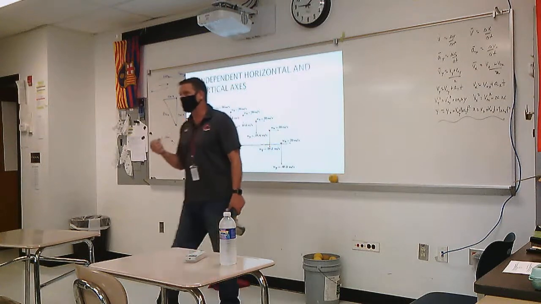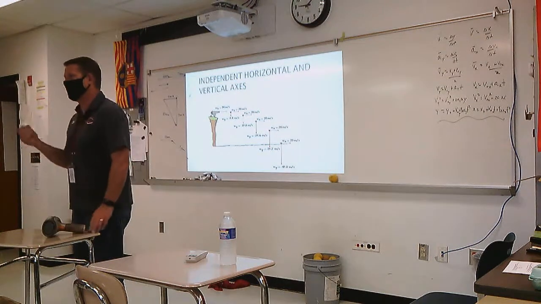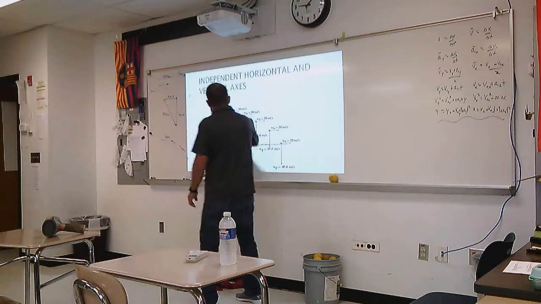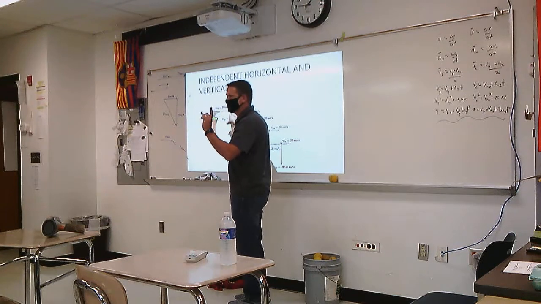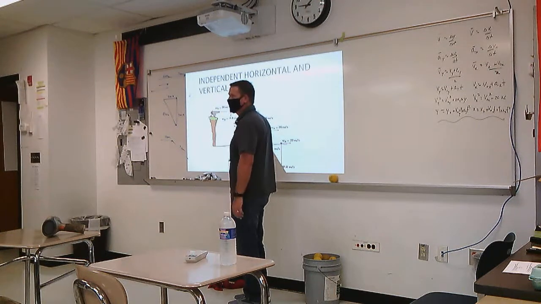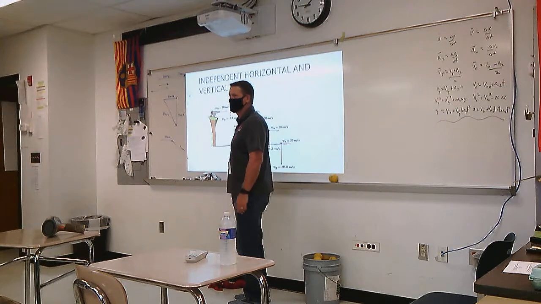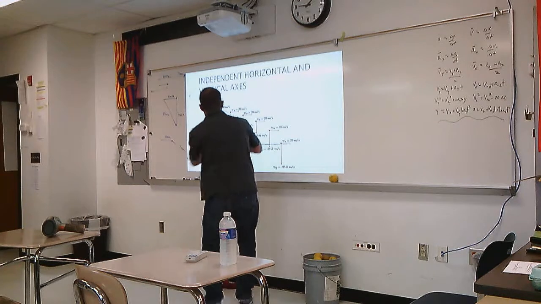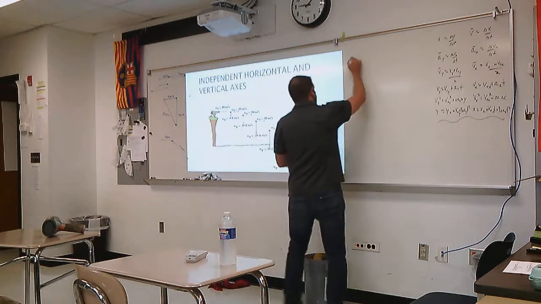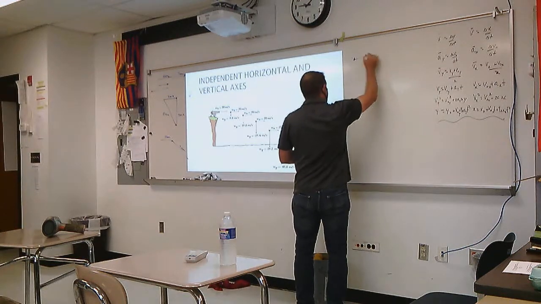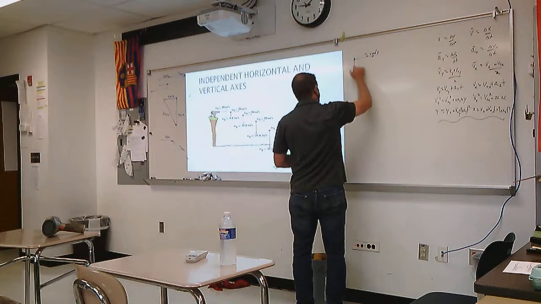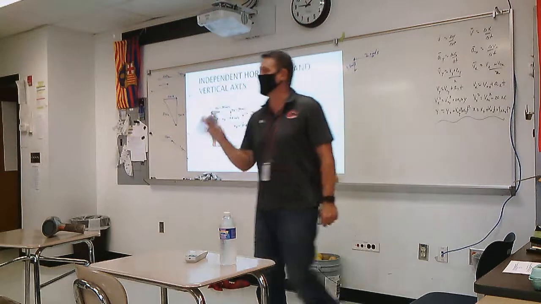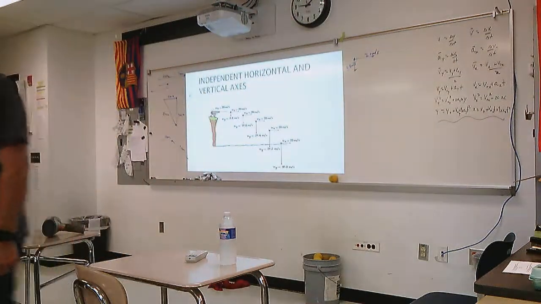It would be the vector combination of those two things. In other words, what's happening? This cannonball at the exact same time is moving 20 meters per second this way and 9.8 meters per second down. If I can take this snapshot right here and remove it and put it over here, how fast is that cannonball actually going? Well, those are two vector quantities that need to be vectorially added together.